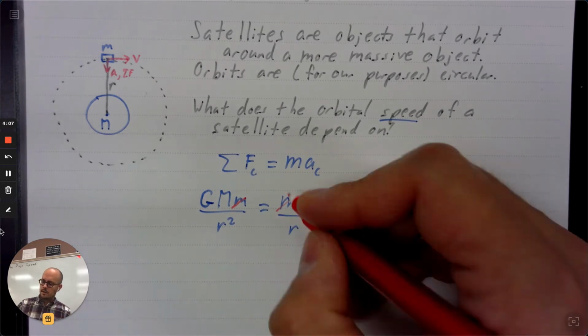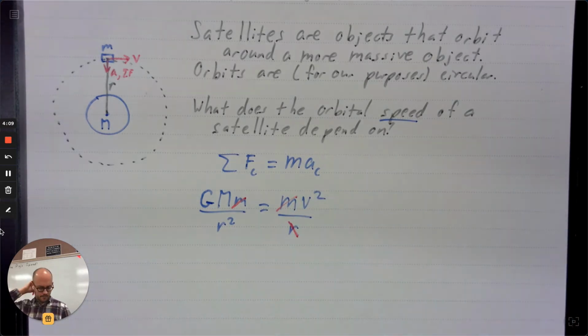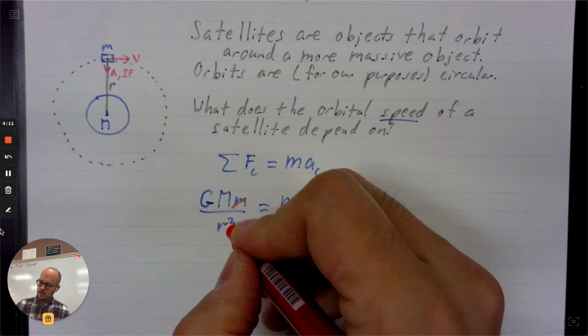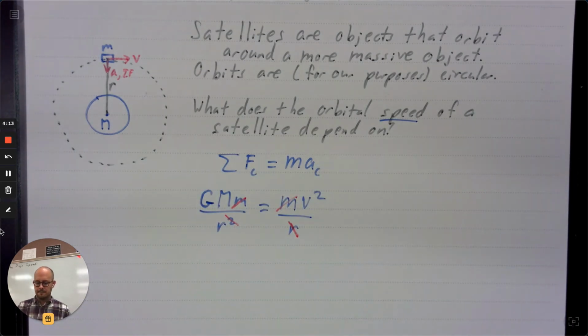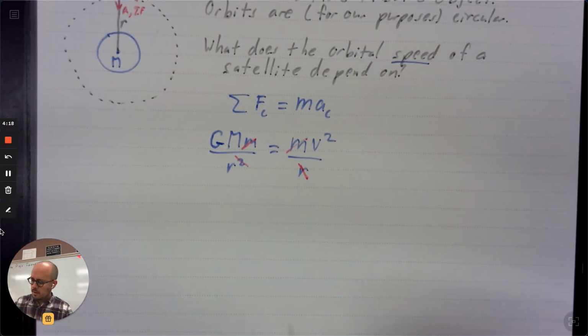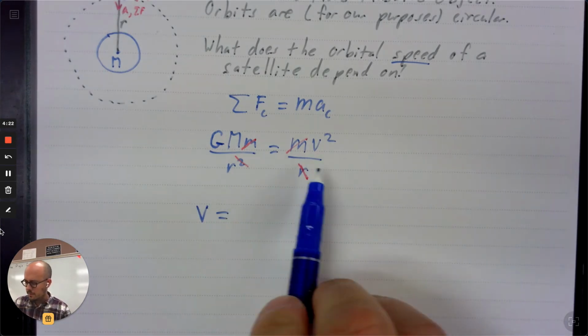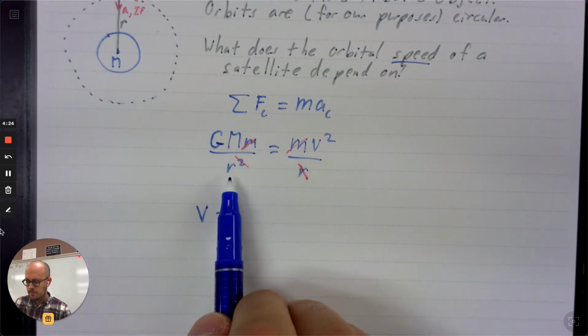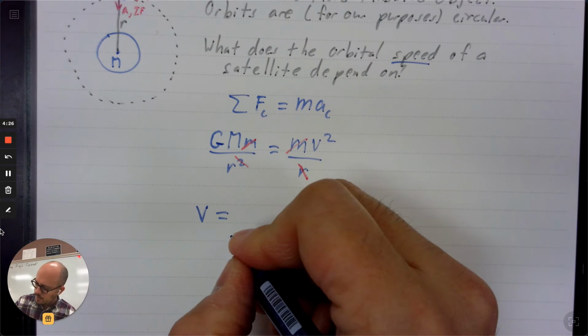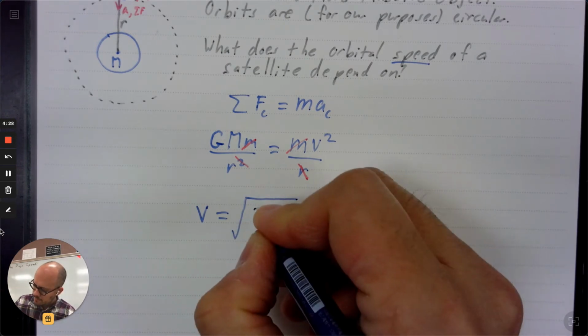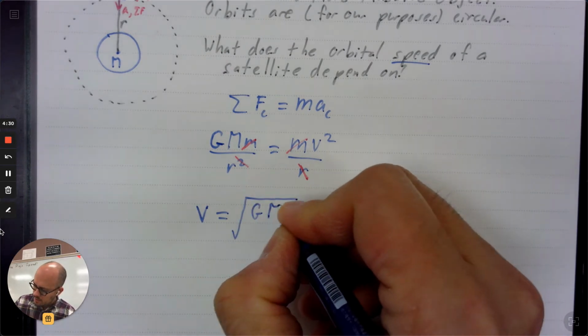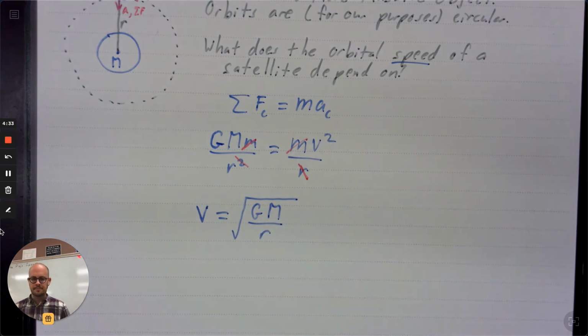If I do that, r cancels here, and r squared just becomes r. And so our central equation for orbital speed, if I solve this for v: this is v squared equals G big M over r. I can solve that for v and get the square root of G big M over r.